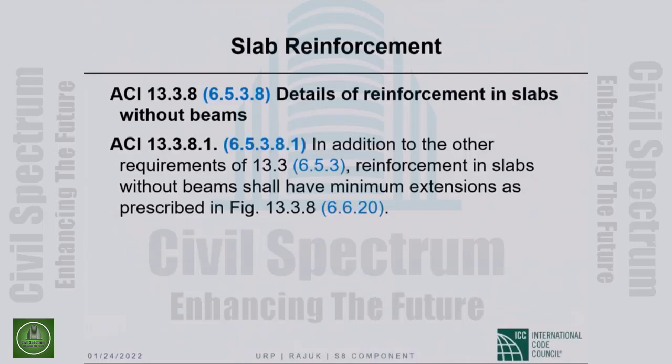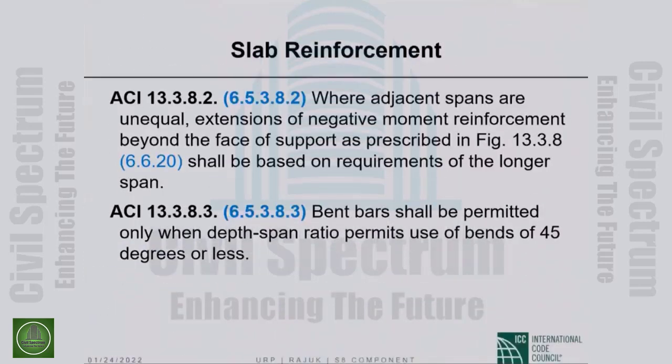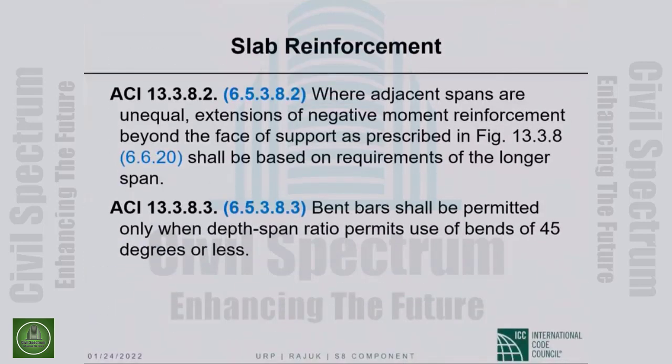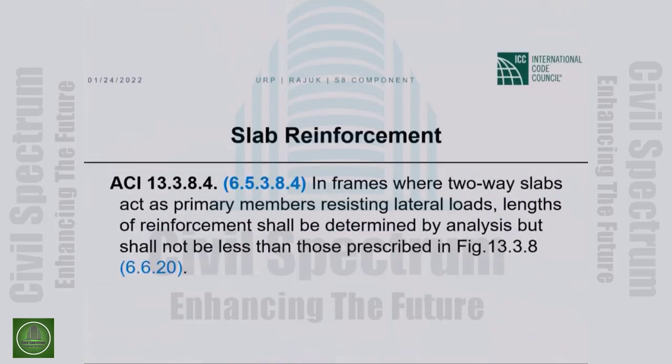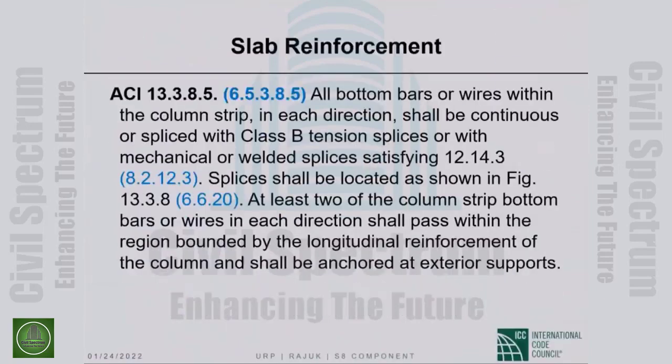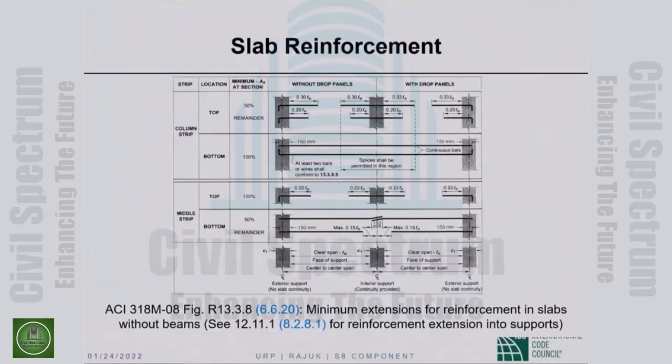Reinforcement in slab shall have minimum extensions as prescribed in that figure. Where adjacent spans are unequal, extensions of negative moment reinforcement beyond the face of support shall be based on requirements of the longer span. So that I think makes a lot of sense.